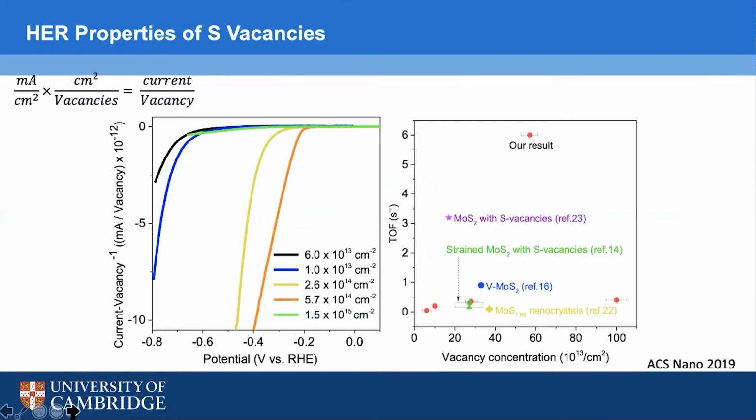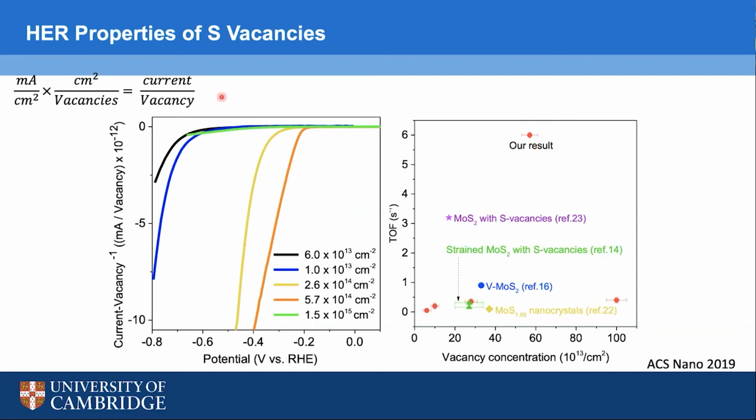And so we wanted to probe this a bit more. We also calculated the turnover frequency, and what we find is that at this magic concentration of 5.7 × 10⁻14, there is a dramatic increase in the turnover frequency of the active site.